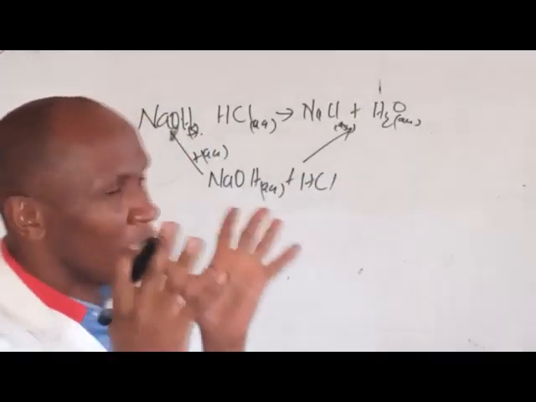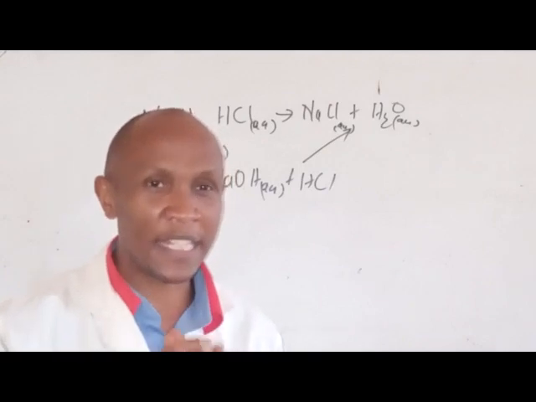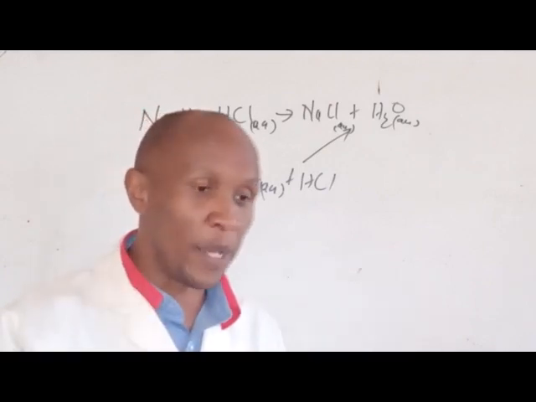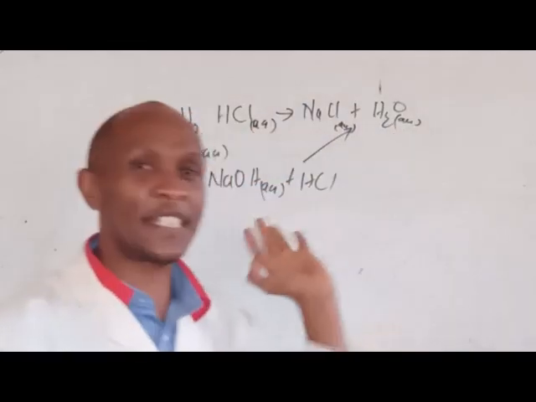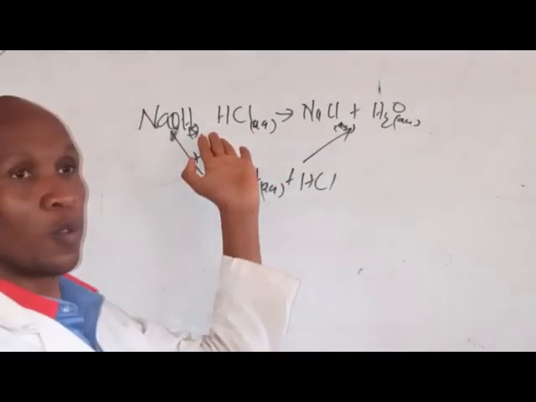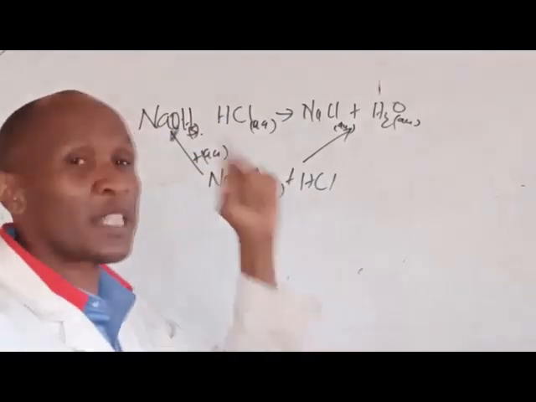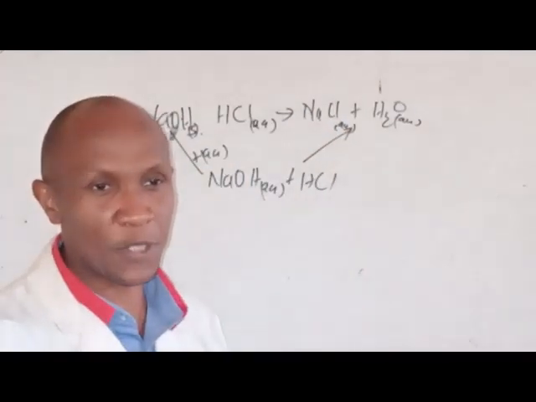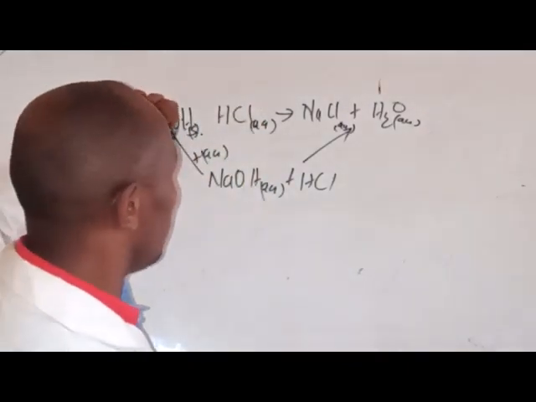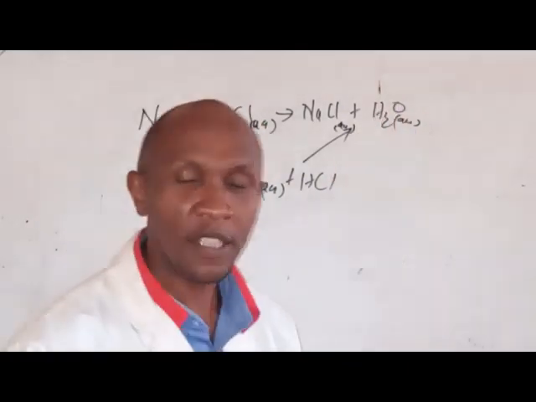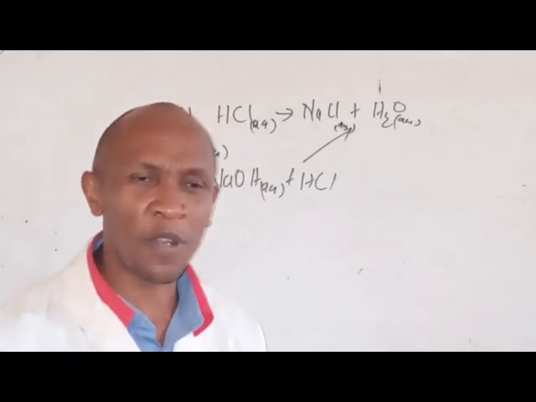That it's possible to react sodium hydroxide with an acid in 2 ways. I can either react the solid sodium hydroxide directly with hydrochloric acid to give me the sodium chloride. Alternatively, I can dissolve the sodium hydroxide in water and then react it with hydrochloric acid.